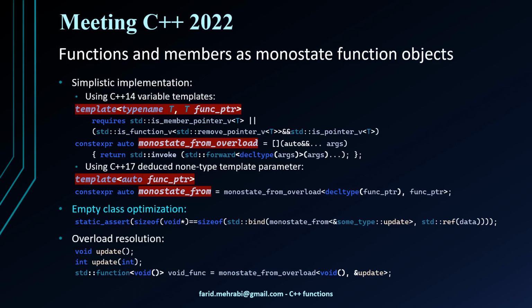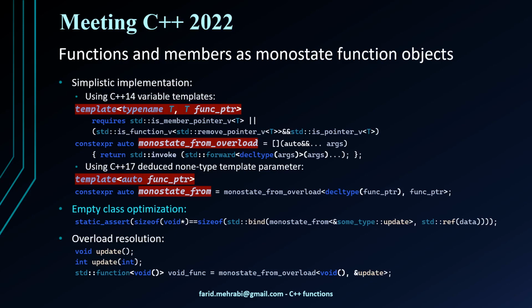So long as the function is not overloaded, we can create a monostate function from that function through use of the Monostate from template variable by passing the function name to this template variable. So in short, we can use the Monostate from template variable for functions which are not overloaded, and Monostate from overload to disambiguate overloads for overloaded functions.